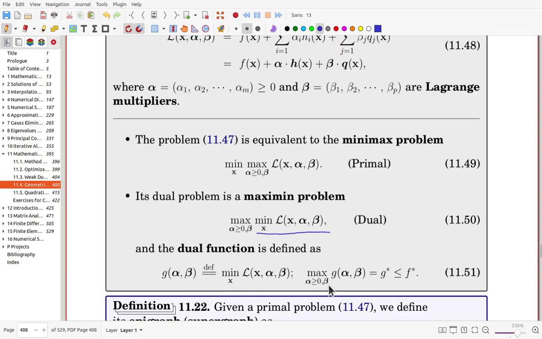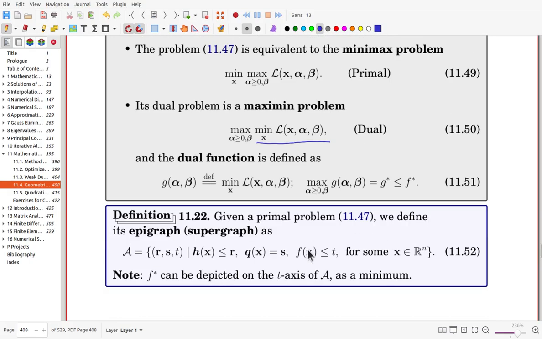Now we maximize as in this dual problem, then we can get the dual optimum G star, which is always less than or equal to F star, the primal optimum. This is what we have done so far.